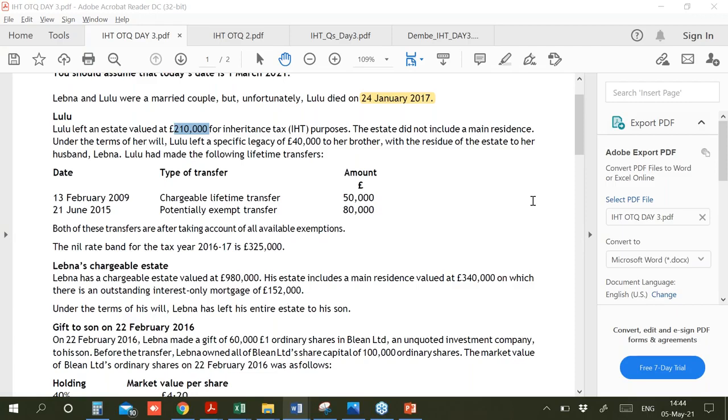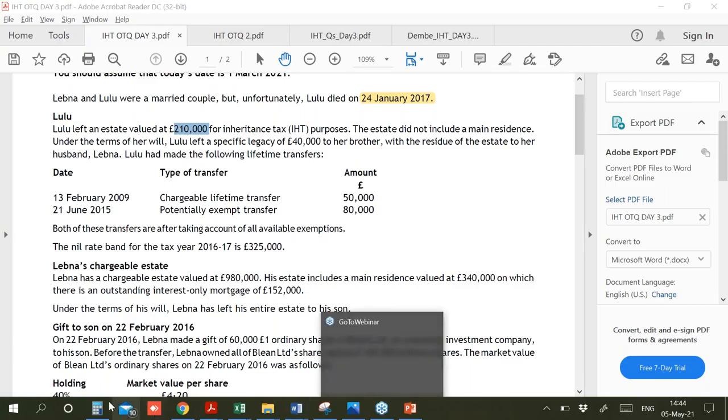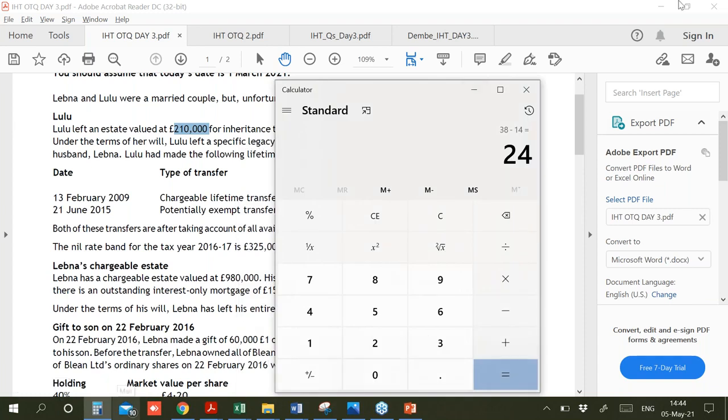So that's why only out of 325,000, I will deduct the two amounts. That is 325,000 minus 40,000 that has been left to her brother and 80,000 that was a gift on 21st June. 205,000 of the nil rate band was left.